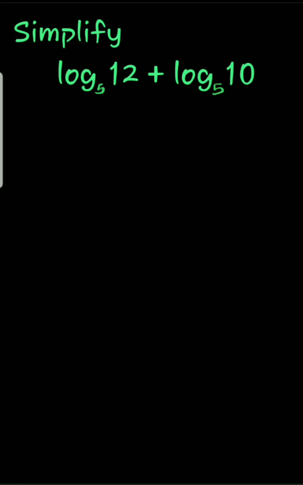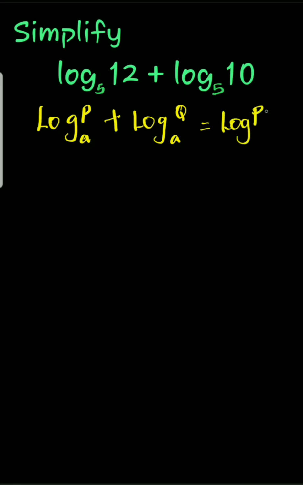One of the laws of logarithms makes provision for when we are adding up logarithmic expressions in the same base. The condition is it has to be in the same base. And the law is log p base a plus log q base a is equal to log p times q base a.